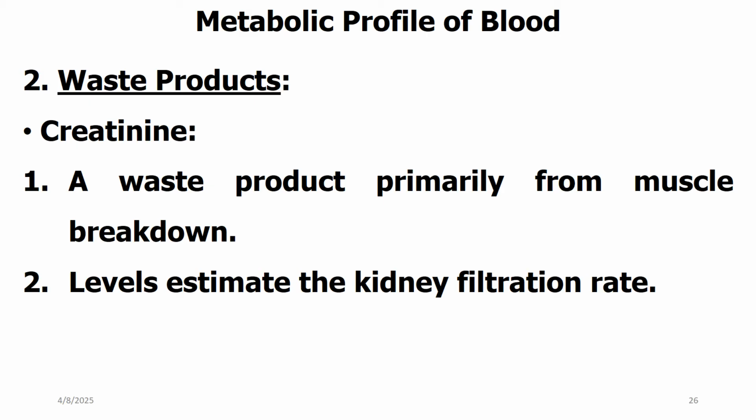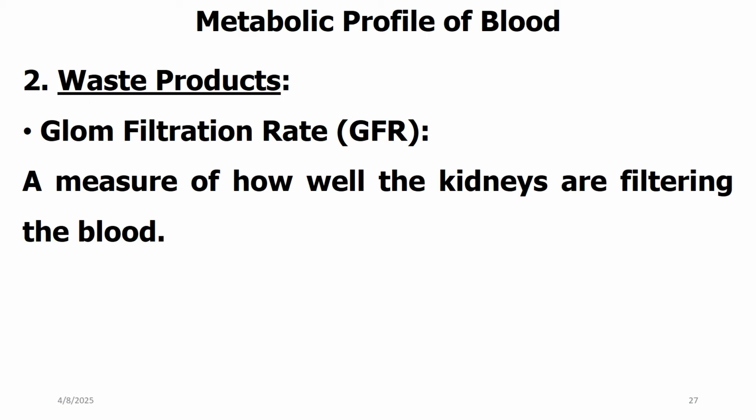Creatinine. Creatinine is a waste product primarily from muscle breakdown. The level of creatinine in the blood can indicate kidney filtration rates. The next one is the glomerular filtration rate.